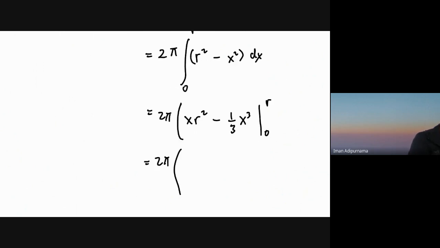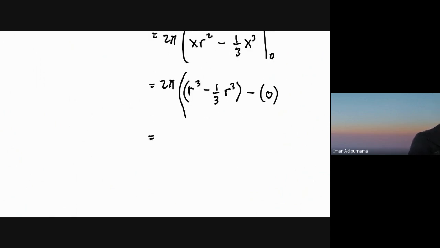This results in r cubed minus 1 over 3 r cubed minus 0, which is 2 over 3 r cubed. So this will be 4 over 3 pi r cubed, the volume of the sphere that we know.